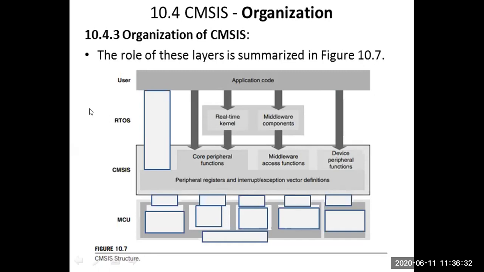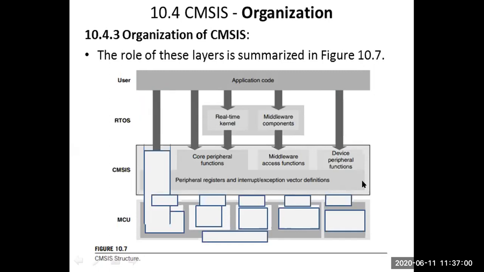CMSIS contains core peripheral functions, middleware access functions, and device peripheral functions. Core means with respect to the functionality of the design, the internal parts. And device peripheral functions means ports, the output ports, input ports. Then it also contains peripheral registers and interrupt exception vector definitions.